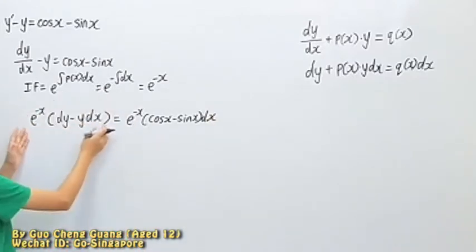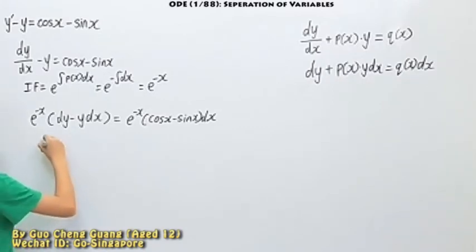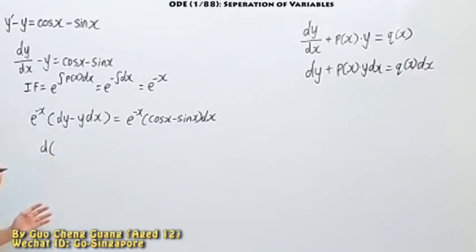But this part, can we sort of change it? Because here you have with respect to y, here you have with respect to x. How about both of them at once? So one part is with respect to y, another part is with respect to x. And here is this e to the power of -x. So I think we could use that method of total differentiation.